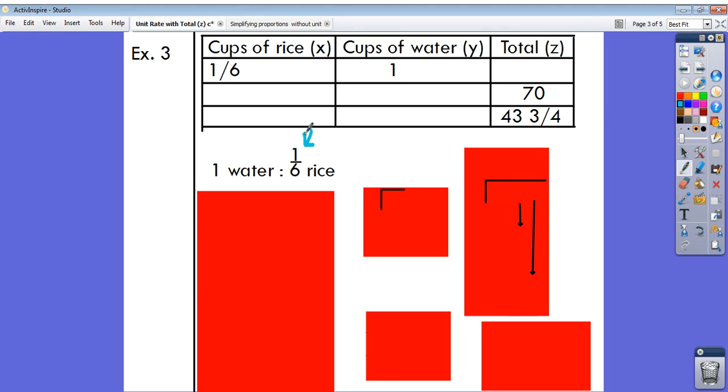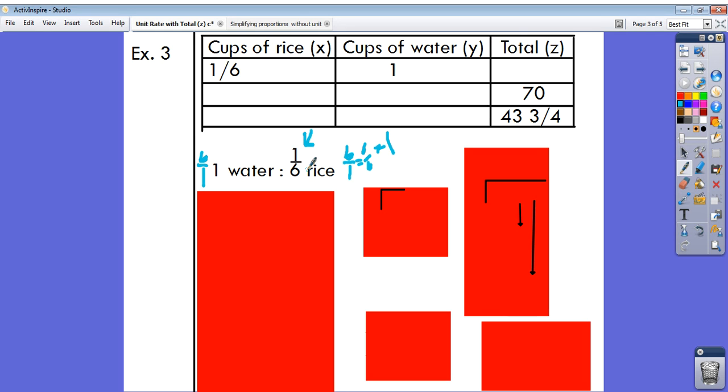I know that if a fraction is to become 1, I need to multiply by the multiplicative inverse. So the multiplicative inverse of 1/6, the opposite, is going to be 6 over 1. And I need to do that on both sides in order to keep the ratio proportional. So 1 times 6 is going to equal 6, and 1/6 times 6 is 6 over 6, also equal to 1.